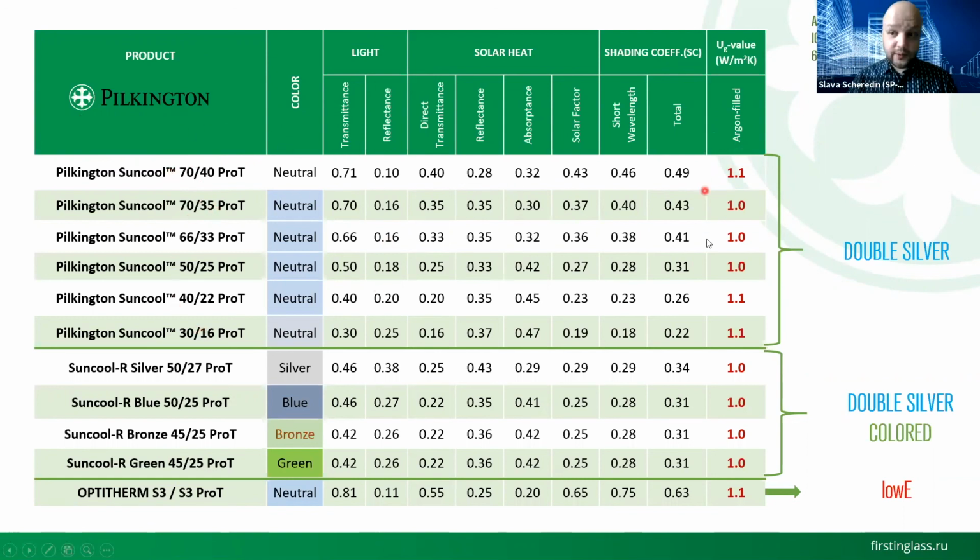They all have a very good U value, or R value for that matter. Light transmission changes in a wide range. Light reflection from 10 to 38 changes even wider. So it's depending on your taste. And all of them, apart from the standard low E glass, have some degree of solar control.